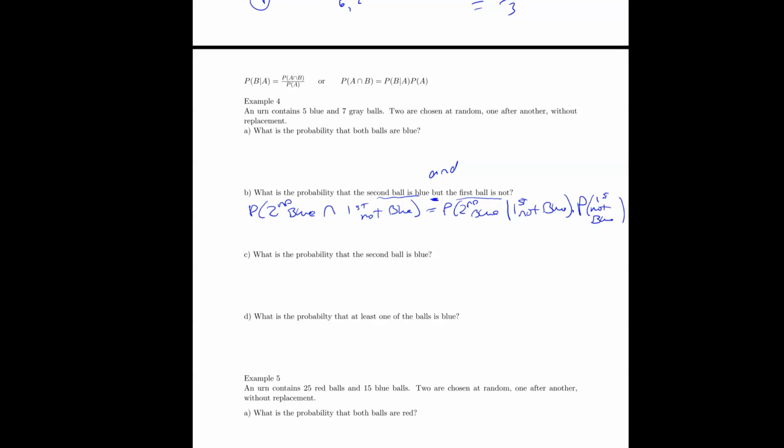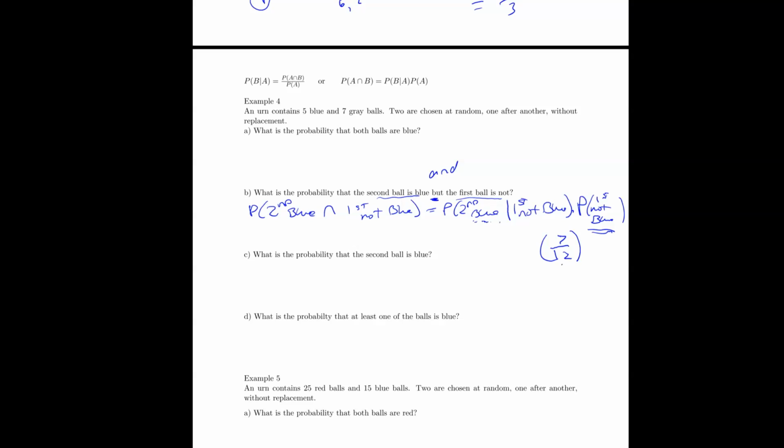All right, so let's figure out what we've got here. The probability that the first is not blue would mean I'd be picking 7 out of the 12 balls total, right? Then I want the second to be blue.